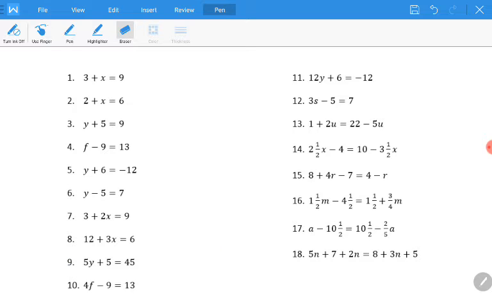Let's now look at question 13, which is looking a bit different. Question 13 is saying 1 plus 2u is equal to 22 minus 5u.